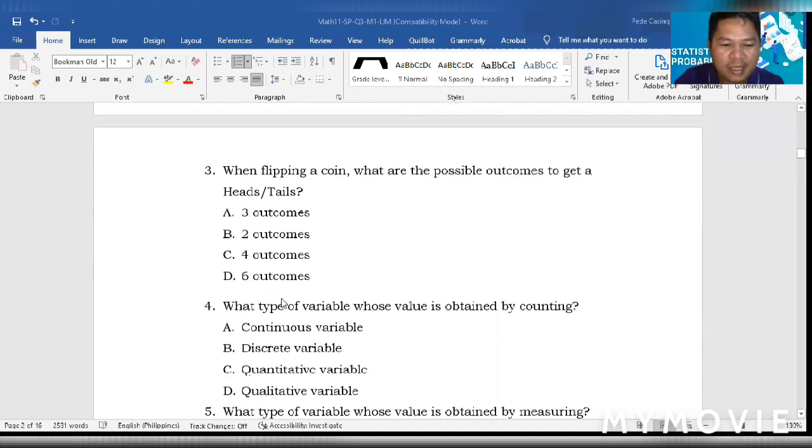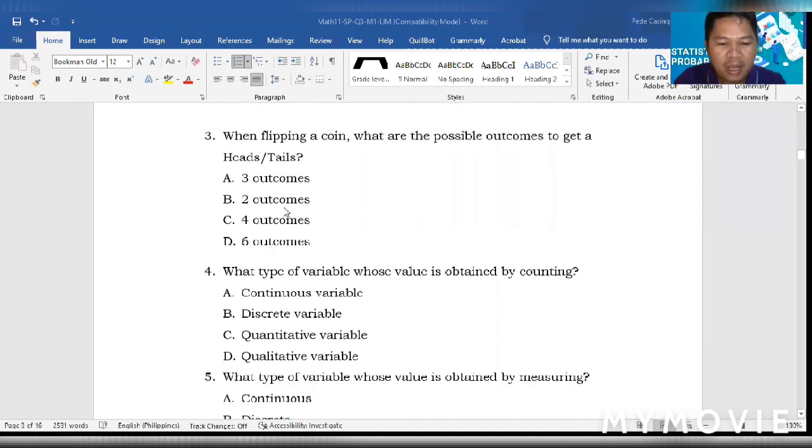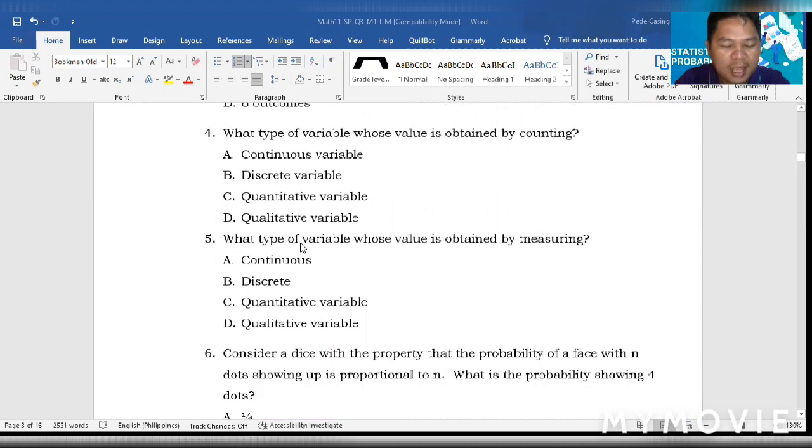Number 3. When flipping a coin, what are the possible outcomes to get heads or tails? A, 3 outcomes. B, 2 outcomes. C, 4 outcomes. Or D, 6 outcomes. Number 4. What type of variable whose value is obtained by counting?